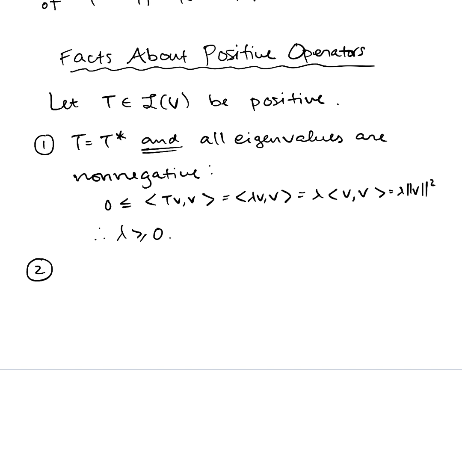Let's go with another one. Since by definition a positive operator is self-adjoint, then the spectral theorem comes into play.